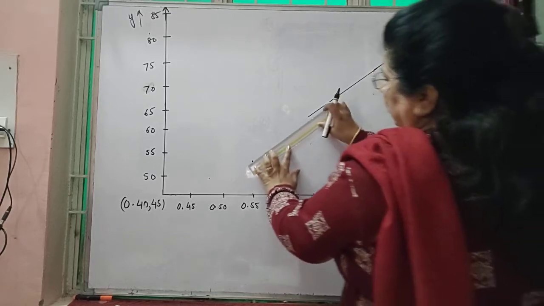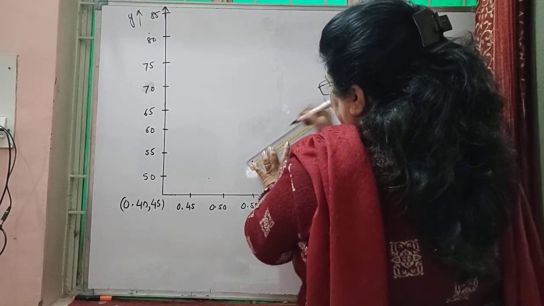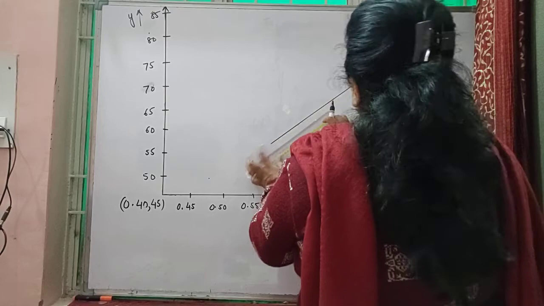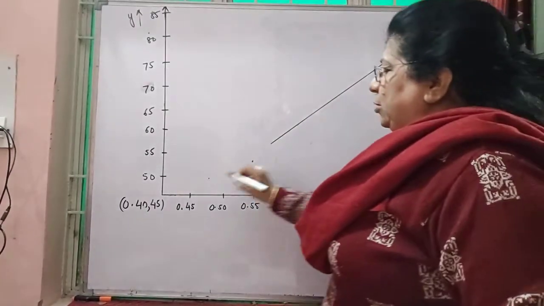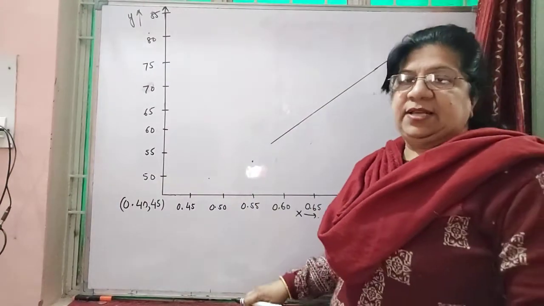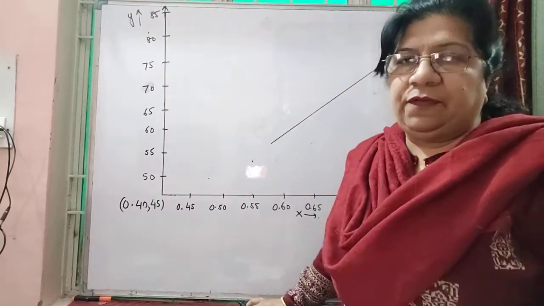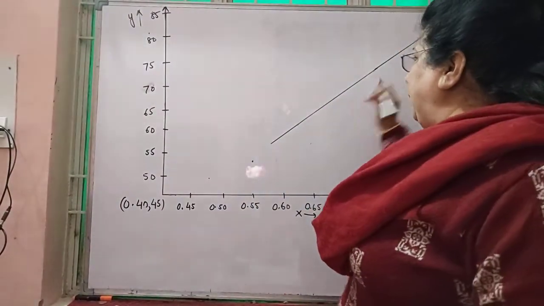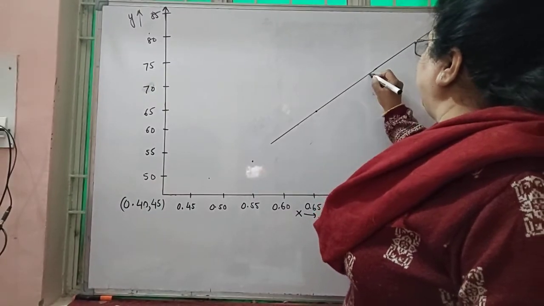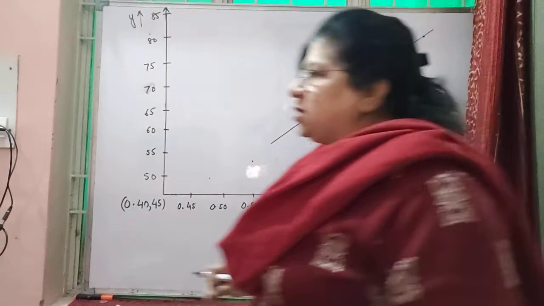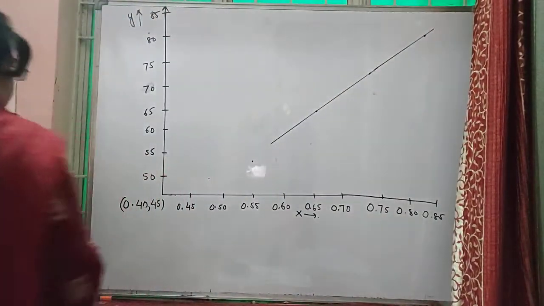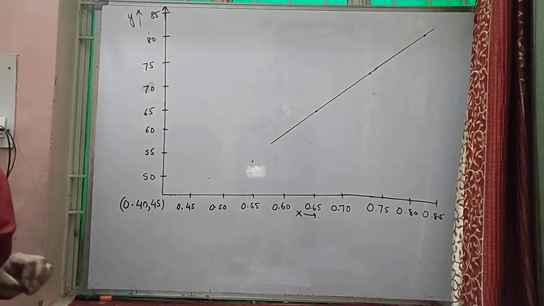This is to explain to you. They come in a straight line, right? The other points, according to this reading, are not in a straight line. Do not worry about it. If 3 points are coming in a straight line, let us take these 3 points, and they are coming in a straight line. So this is the best fit line.